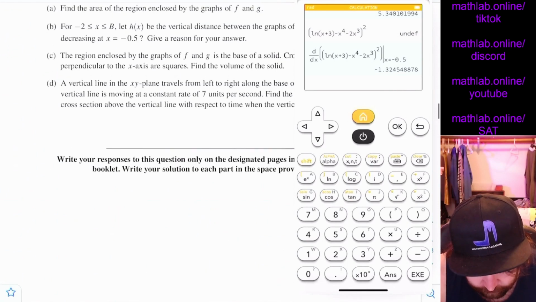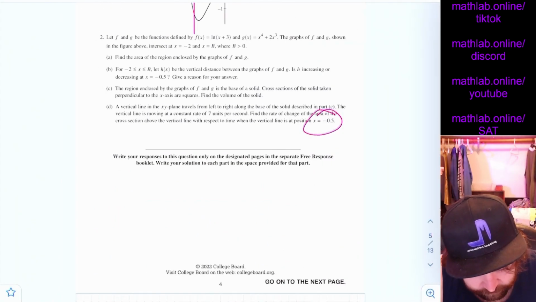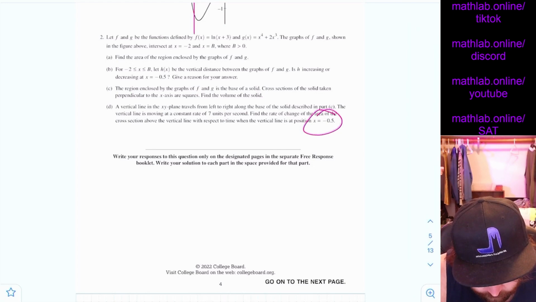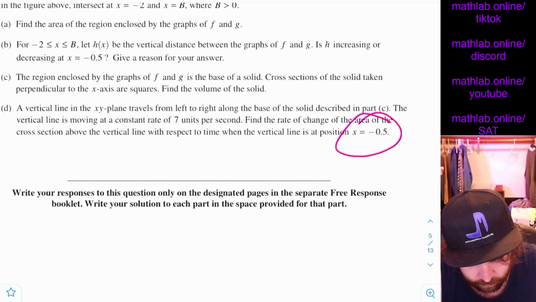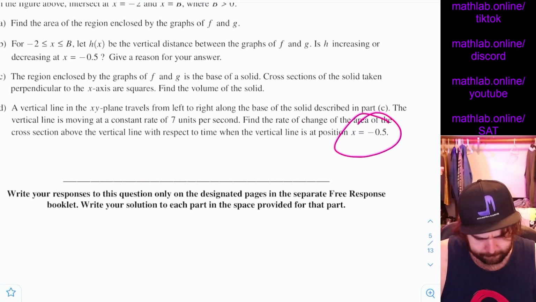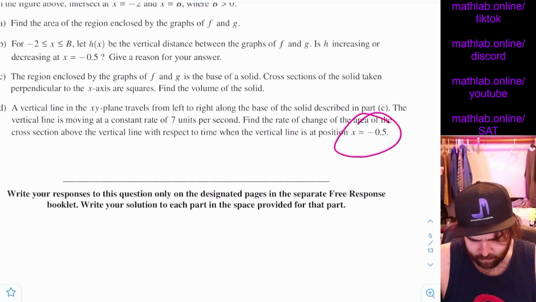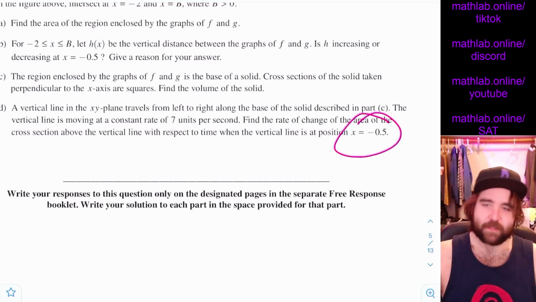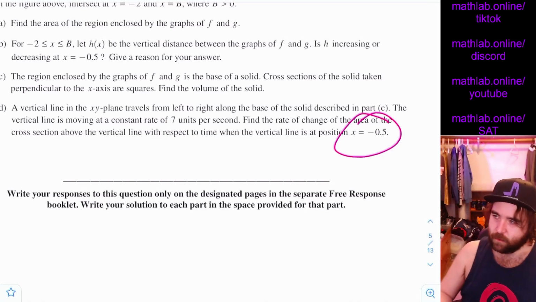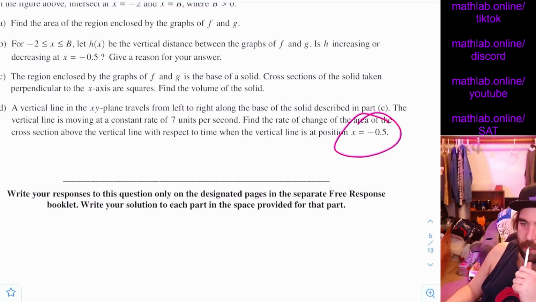And so what were they asking for? Is it increasing or decreasing? Oh no, just find the rate of change. I never used the fact that the vertical line was moving, did I? Did that matter? How would I even incorporate that?